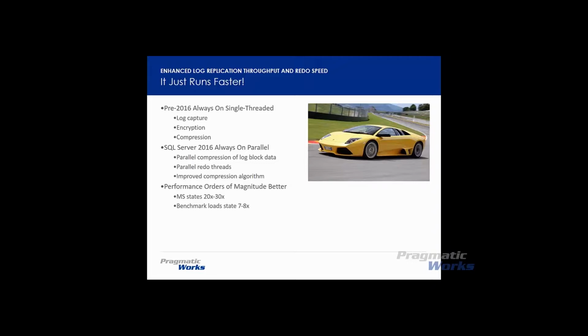Part of the reason for that was that the whole operation of capturing the log, packaging it up, encrypting it, compressing it was all single-threaded. As you know, hardware has gotten faster, and for sure storage has gotten significantly faster in the last 4 or 5 years. The always-on toolkit, if you will, was not really set up to leverage all of those new resources.